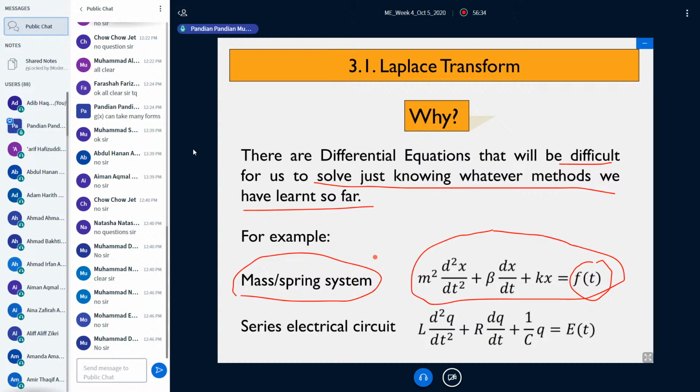Many fields, not only mechanical. In electrical engineering, in a series electrical circuit, you have L d²q/dt² plus R dq/dt plus 1/C q equals E(t). This is the electromotive force. L is the inductance, q is the charge, t is time, R is the resistance, and C is the capacitance.